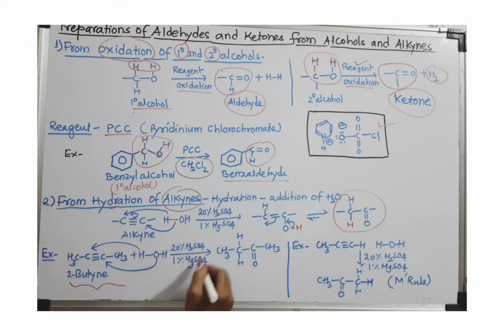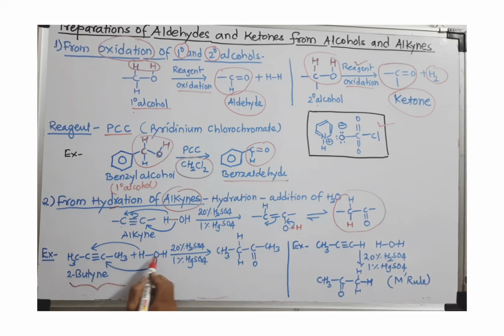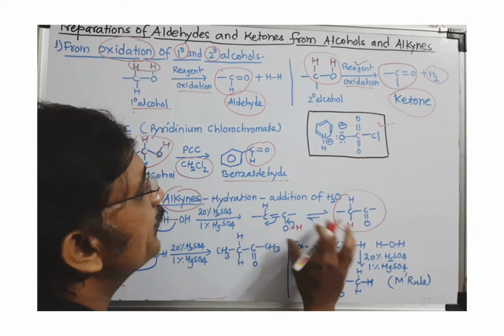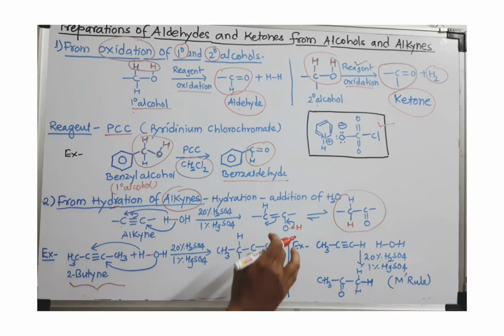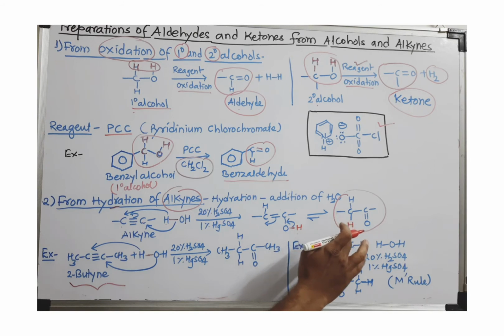I'm using the reagent that we have discussed here. Joining hydrogen to this carbon by using a pi bond and OH to this carbon by using a sigma bond, again you form this enol, and the enol undergoes tautomerization to convert to the carbonyl group.